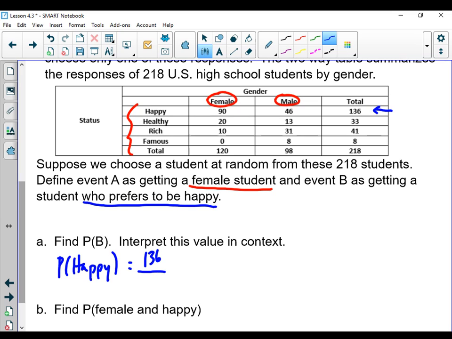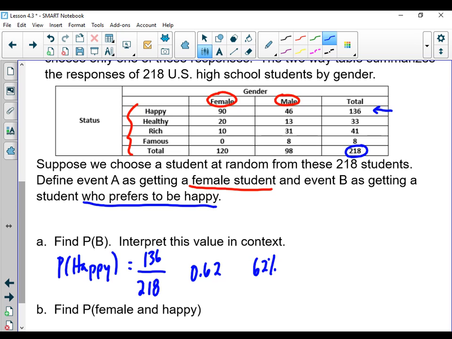That was out of all the answers that we got. Well, they said that there were 218 students. So the probability as a fraction would be 136 out of 218. We can make that into a decimal if we want to. That would be 0.62. We can represent that as a percentage if we wanted to.